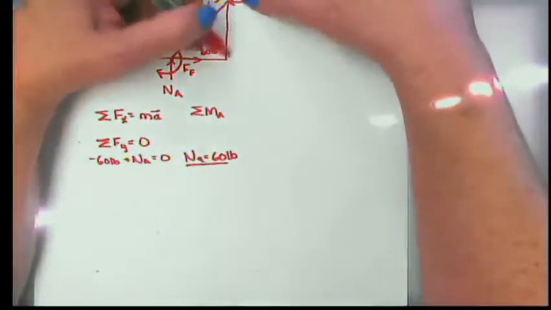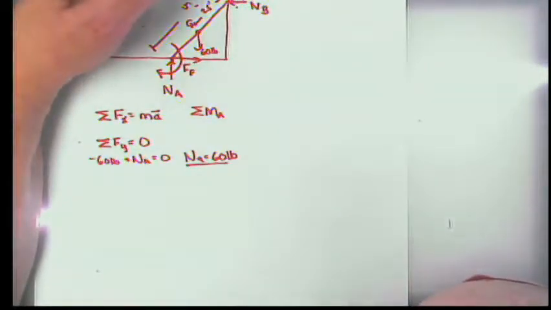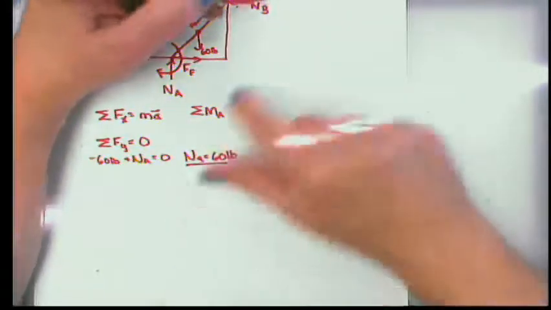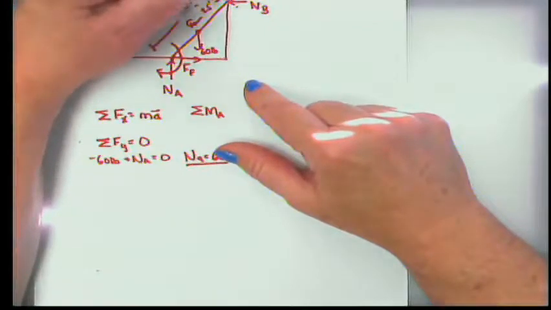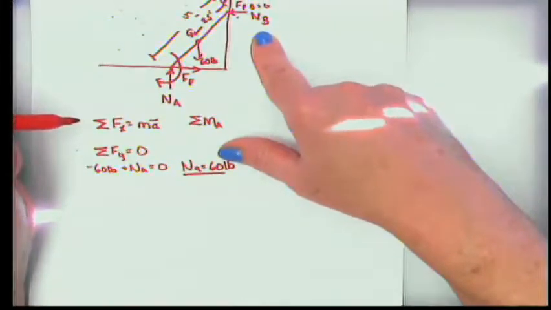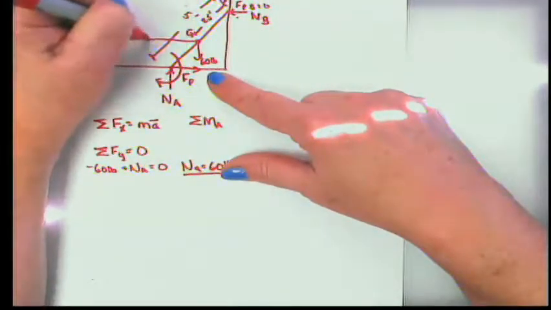What about point B? I'm thinking about the normal force at point B. There's no frictional force, but there's nothing going this way. But isn't there the acceleration of the truck? Yes, we're going to have the acceleration going this way.